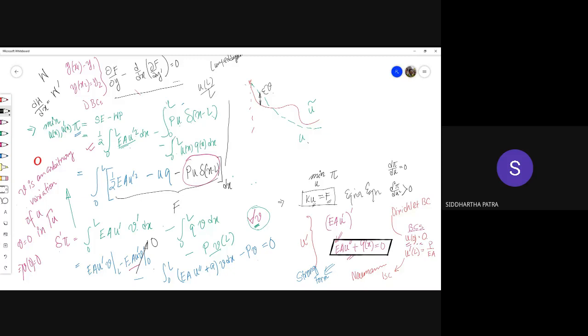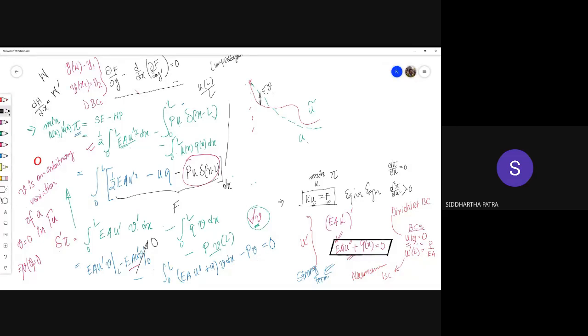Unlike the previous example, like the Brachistochrone problem, I cannot say the variation at either end is 0. No, it's not. On the other end, V can also be 0, but V is arbitrary. It can be 0, it may not be 0. But then how do you look at this expression?